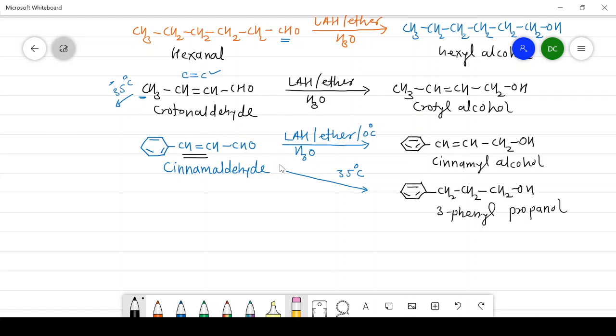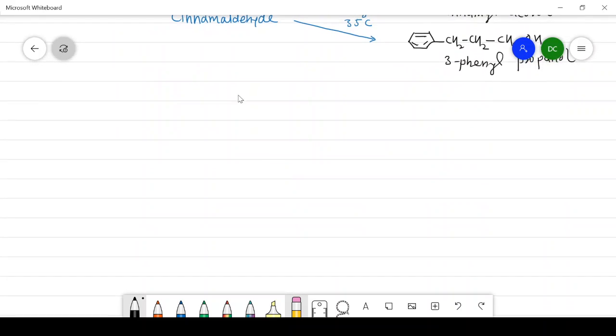So there must be a conjugation that causes the reduction of carbon double bond carbon. In this way, in different aldehydes, we get the corresponding alcohols. Now we will take the example of ketones.